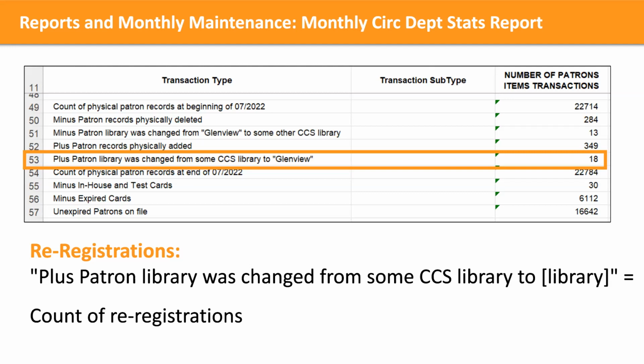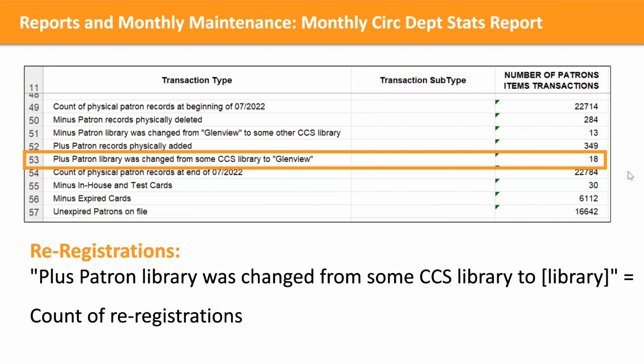Basically this line looks at card users registered to your library and looks at the snapshot before to see if they had a different registered-at branch. So again, these are re-registrations your library has done. These 2 lines together will give you the total of new patrons added to your library.